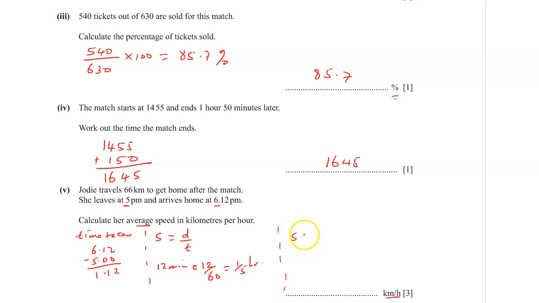So speed here is going to be 66 kilometers divided by 1 and a fifth of an hour. Of course, you convert this to an improper fraction.